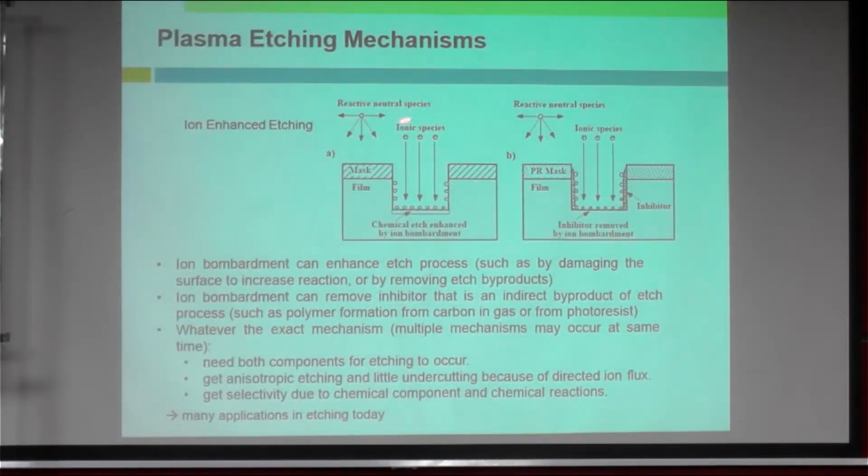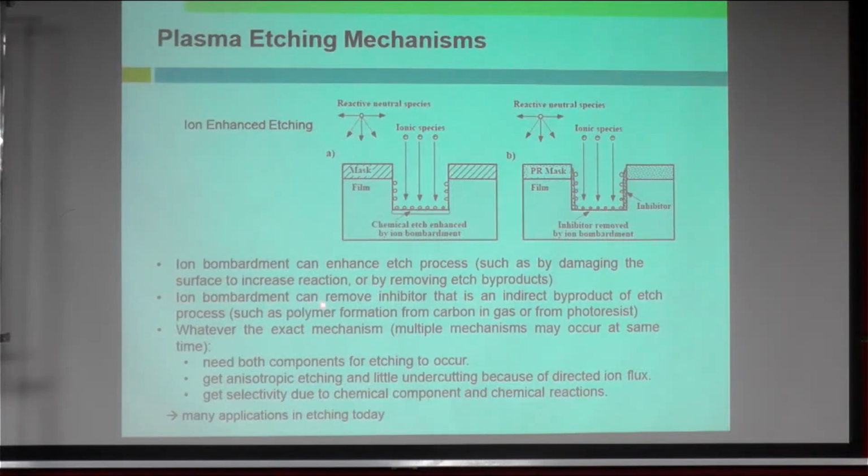So you have ionic species to etch the material. Then you have reactive neutral species, which will cover up here as an inhibitor. Then you can continue the etching of this material. So chemical etch is enhanced by ion bombardment, but here the inhibitor is removed by ion bombardment. Ion bombardment can enhance the etch process, such as by damaging the surface to increase reaction or by removing the etch byproduct.